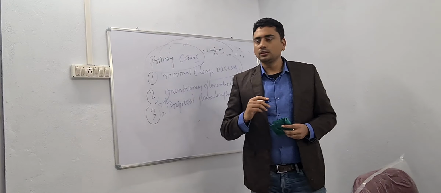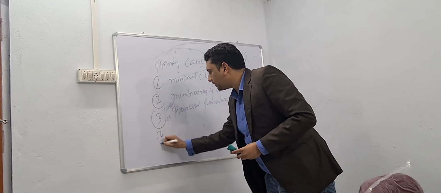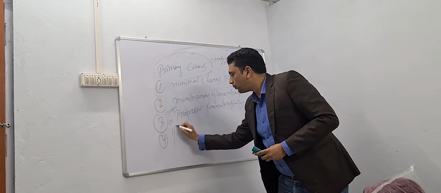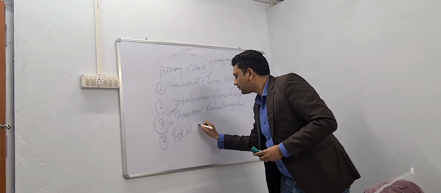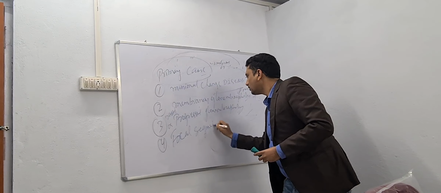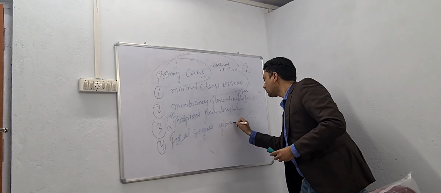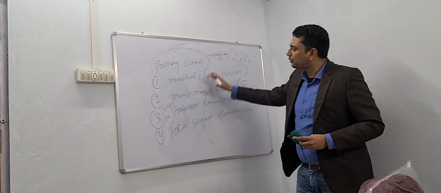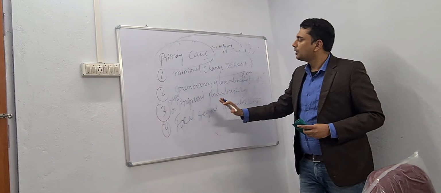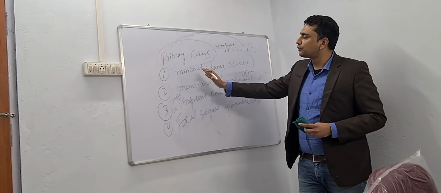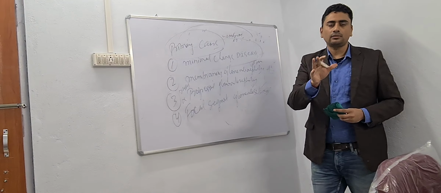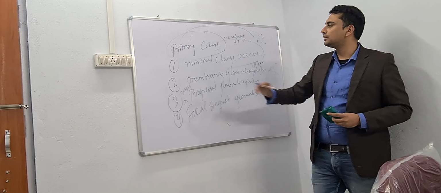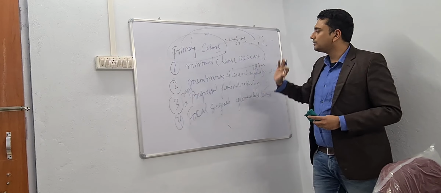That is the primary cause, and there could also be focal segmental glomerulosclerosis. So these are the primary causes of nephrotic syndrome. The most common cause of nephrotic syndrome in children, in the age group between 1 to 7 years, is minimal change disease.